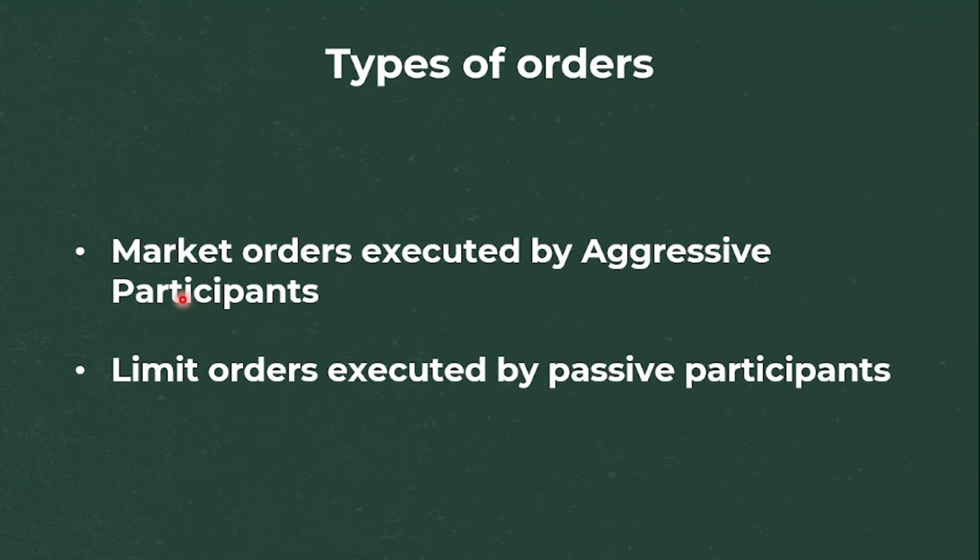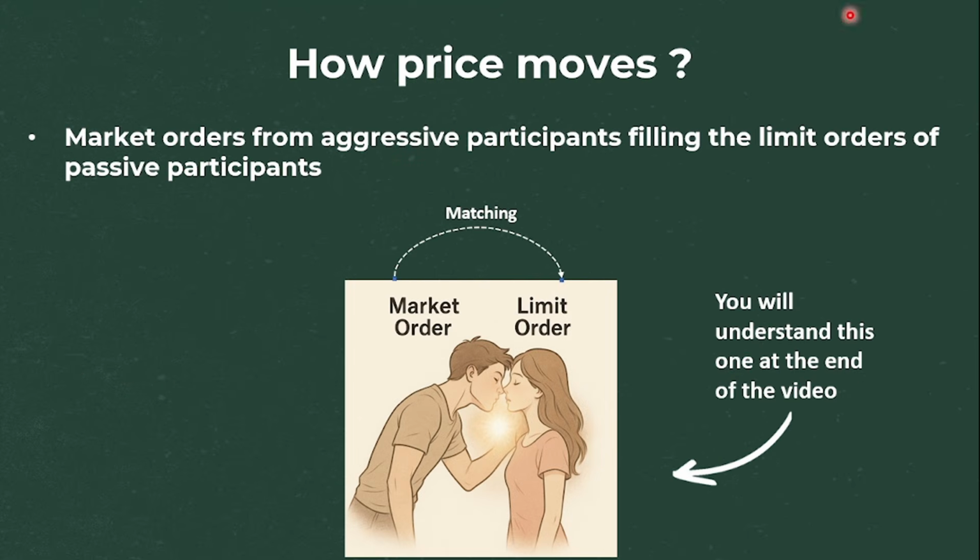So basically, market orders are executed by aggressive participants and limit orders by passive participants. This is the basic understanding of price movement, the reason why the market moves. The market orders from the aggressive participants feed the limit orders of the passive participants. At this time, the price starts moving up and down with the buy and sell pressure.